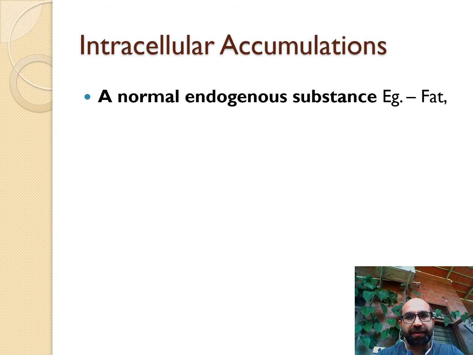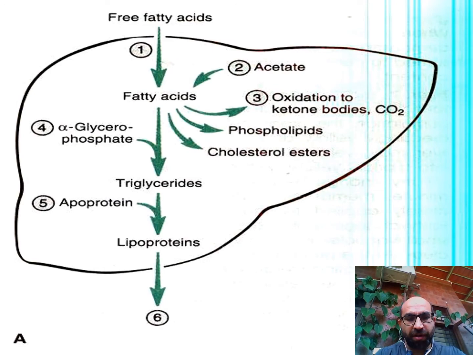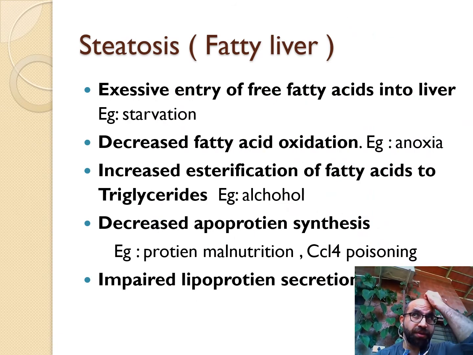Now coming to fat. You know the liver is the main organ for fat metabolism. So excess fat accumulation is seen in the liver in certain conditions where there is abnormal fat metabolism. The accumulation of fat is also called steatosis.